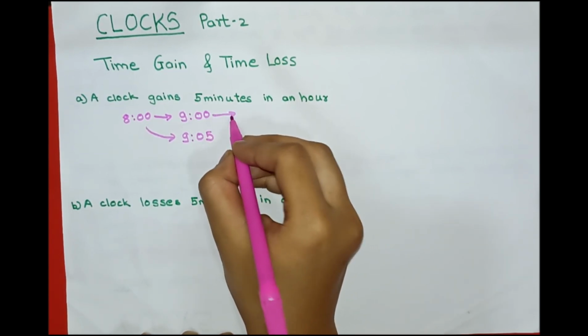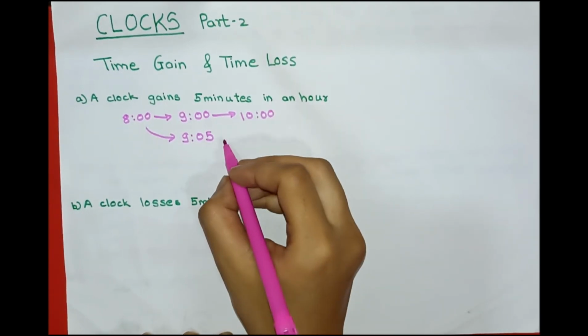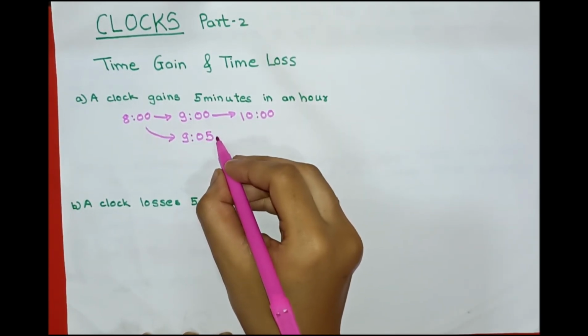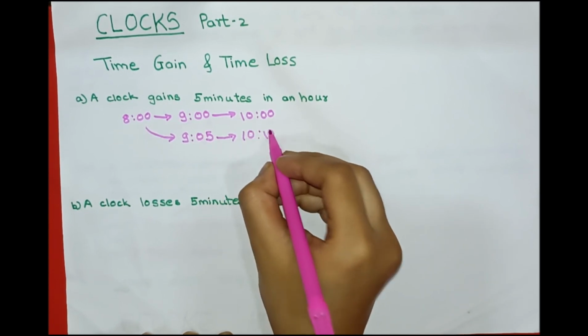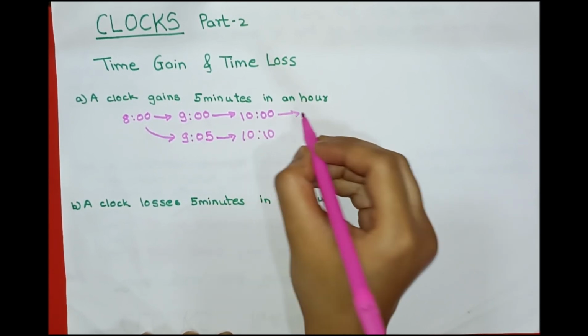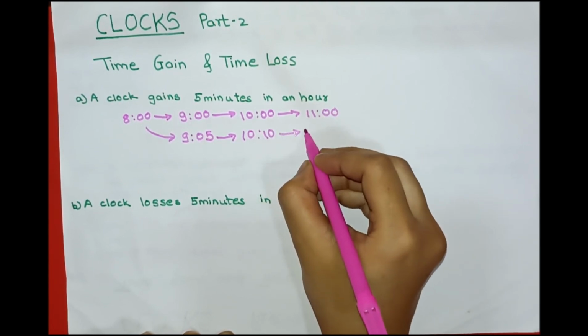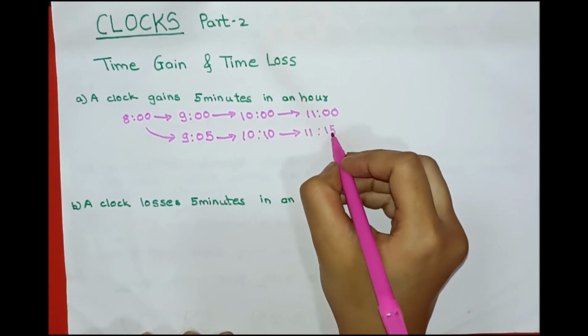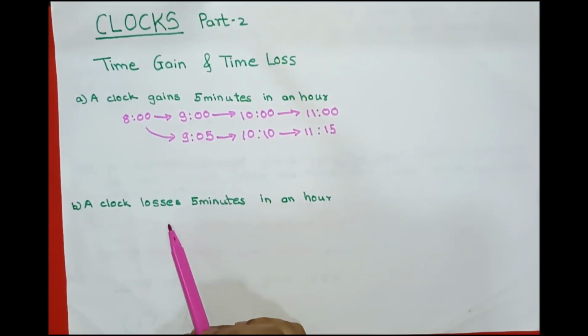Again, after 1 hour, the normal clock would show 10 o'clock, but this clock will show 10:10. Similarly, after 1 hour, the normal clock would show 11 o'clock, but this clock will show 11:15, and so on.